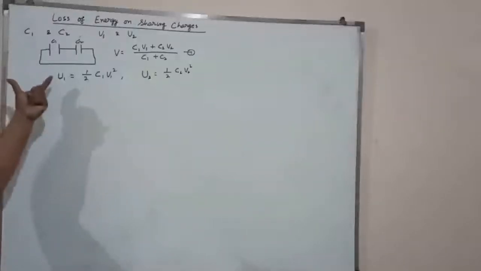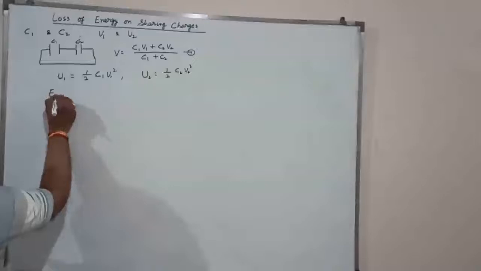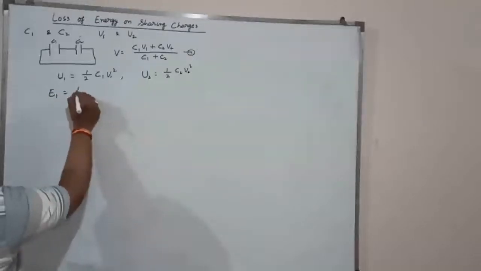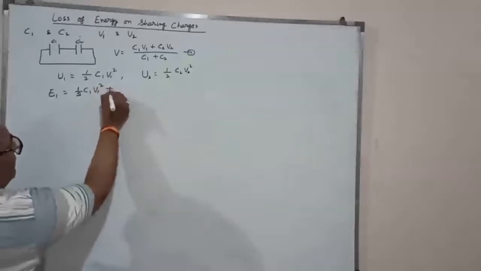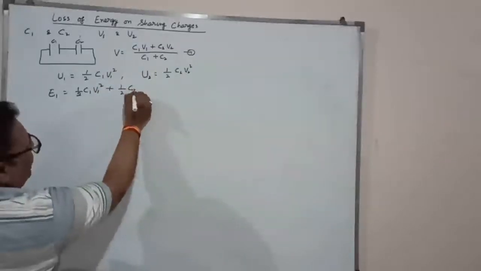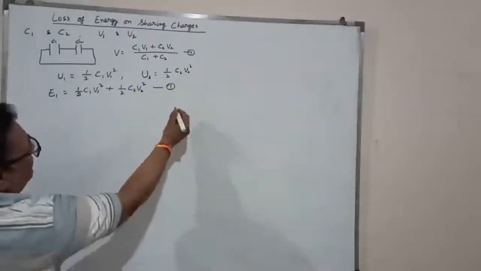The total energy stored in the combination before connecting them is E1 equal to half C1 V1 square plus half C2 V2 square. This is equation 2.